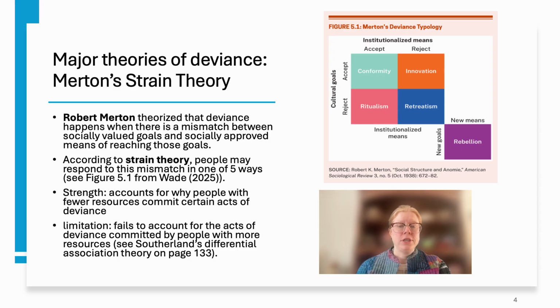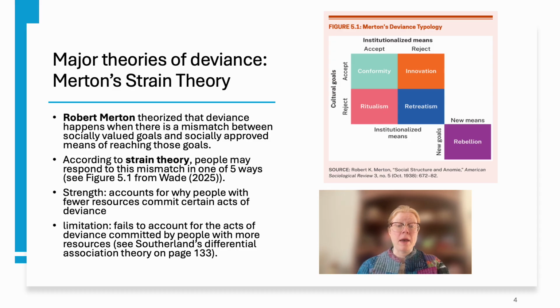And we're told to achieve those goals through institutionalized means, that is, socially approved means. And those means for us might include something like go to school, study hard, be honest, obey the rules, obey the law, obey your parents, get a good job, work hard at your job, and you'll achieve success.